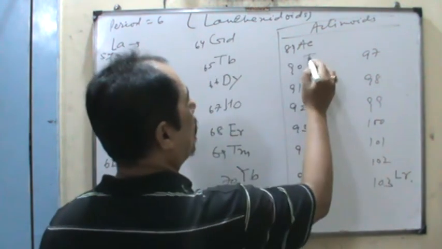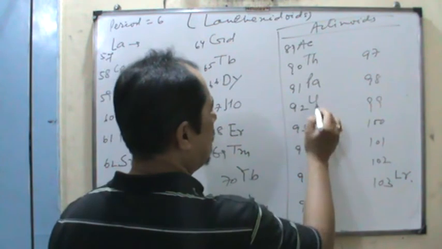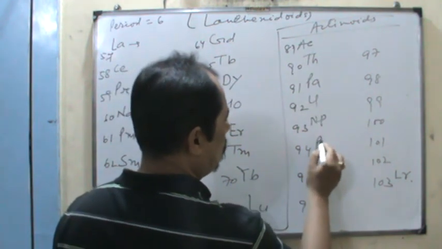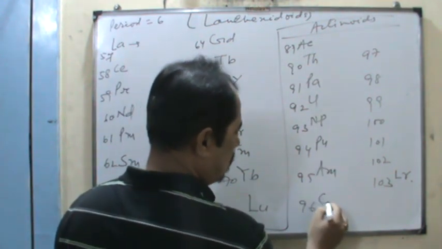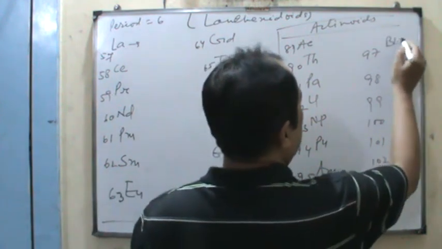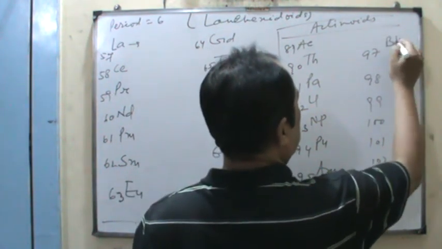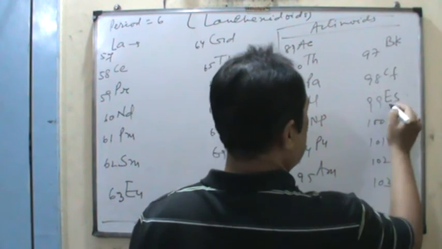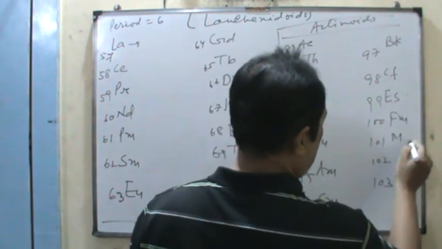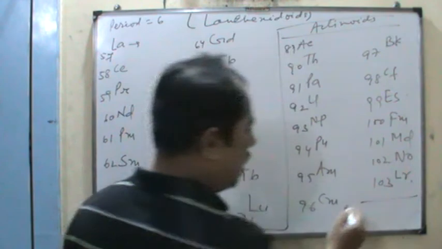Actinium, thorium, Pa, uranium, neptunium, plutonium, Am, Cm, Bk, Cf, Es, Fm, Md, No, Lr.